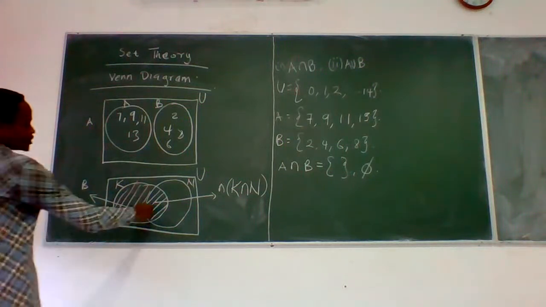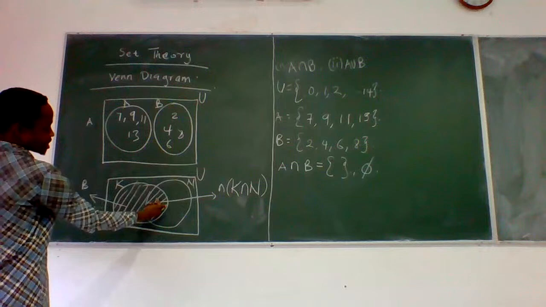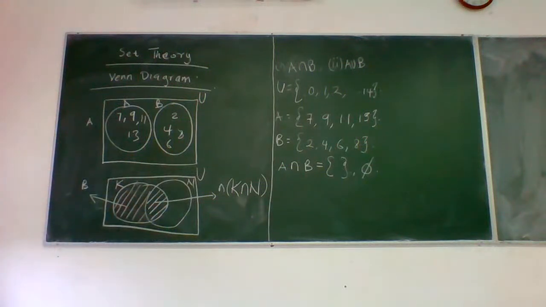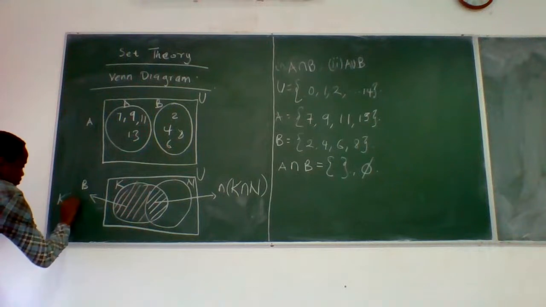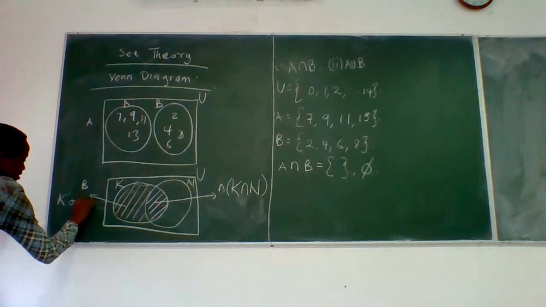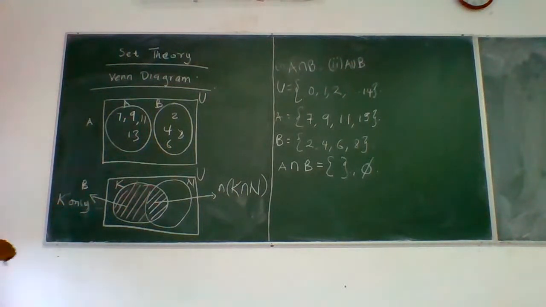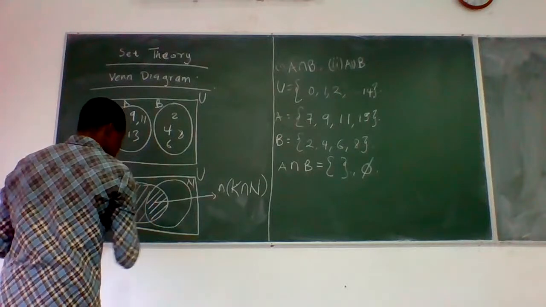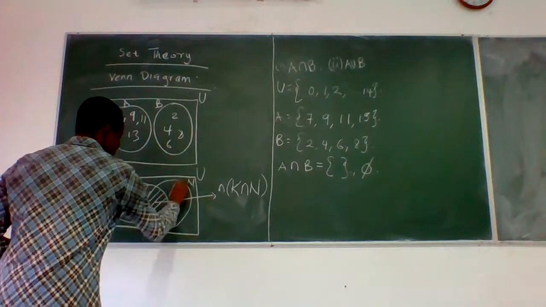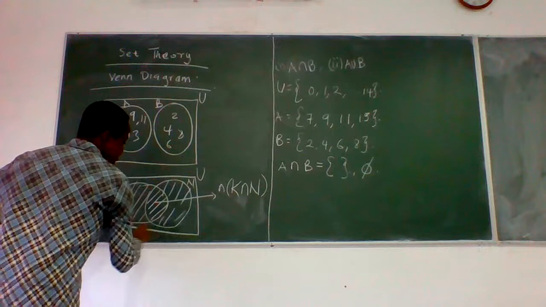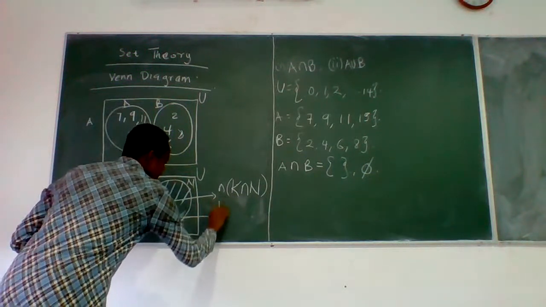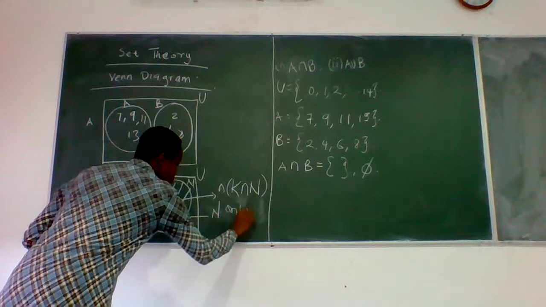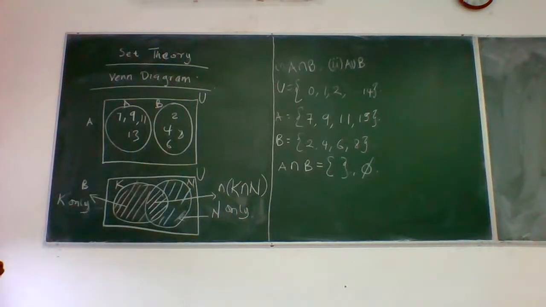That means we remove the intersection from it. So we have this one to be only K. And then this section is for N only. This one is for N only.